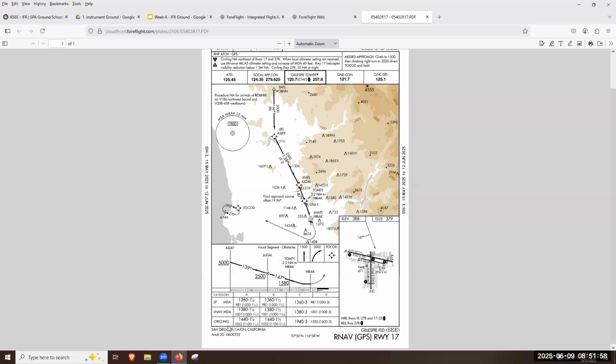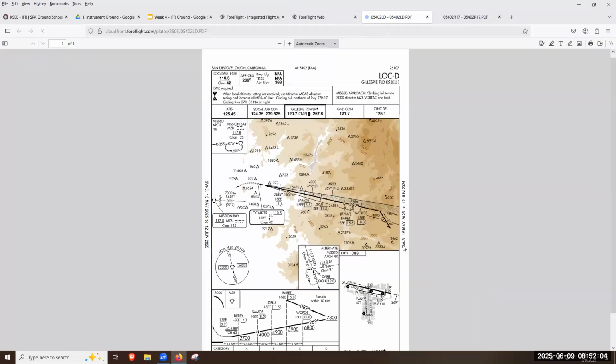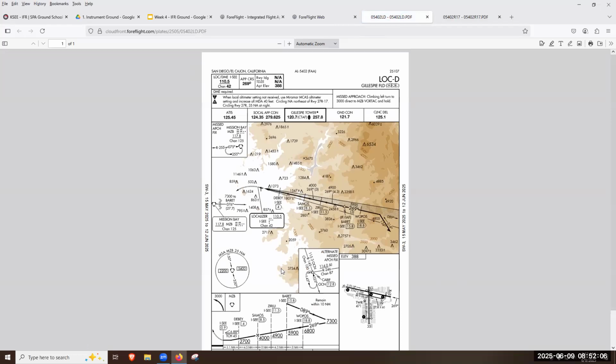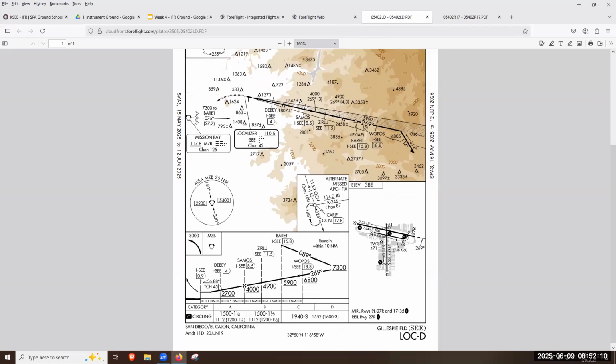So number one, winds, and that's just up to you to decide if you want to circle. Number two, localizer delta, the standard of 3 degrees descent rate, right? Look at this. From DEBBIE down to land, it is 6.88 degrees. Can you do that normally? Can we maintain a stable approach using normal maneuvers?